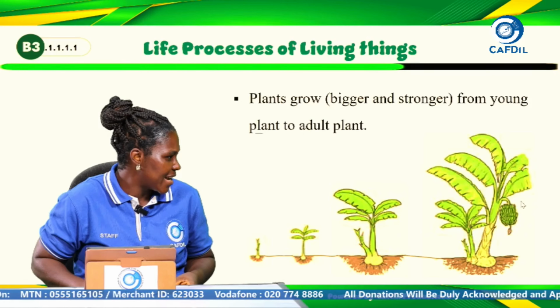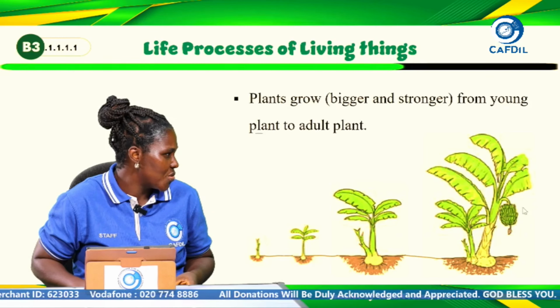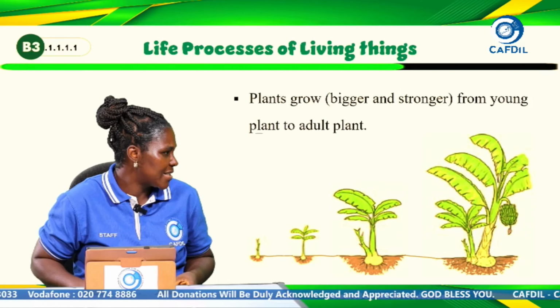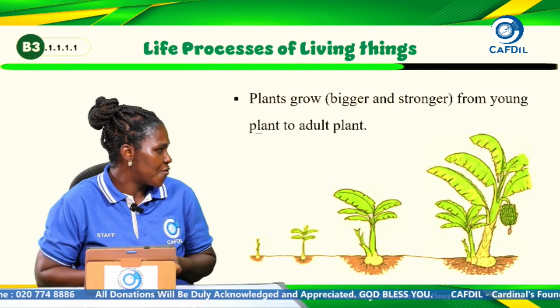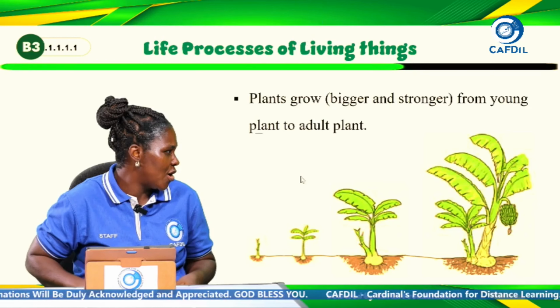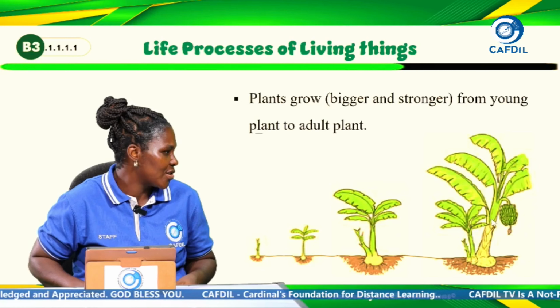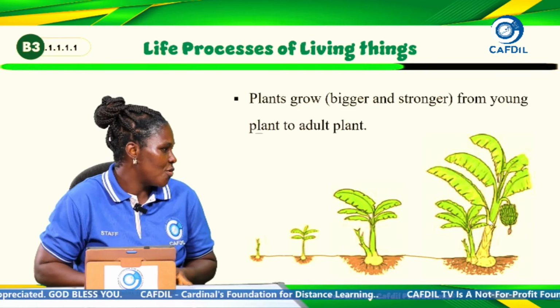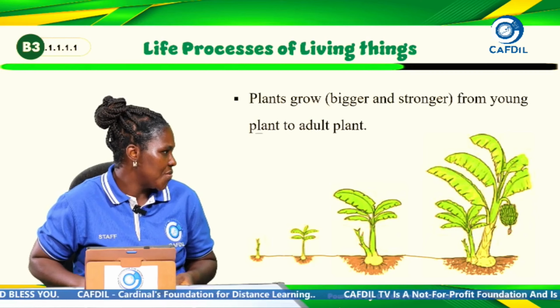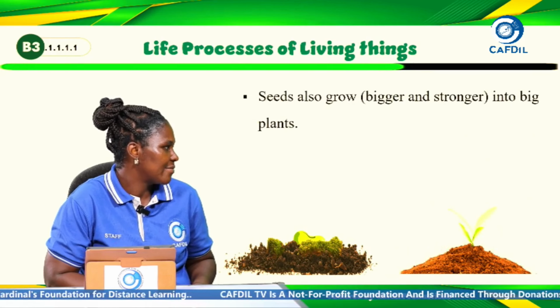And now it has fruits on it, and the young ones are also growing. So plants grow from young plant to adult plant.